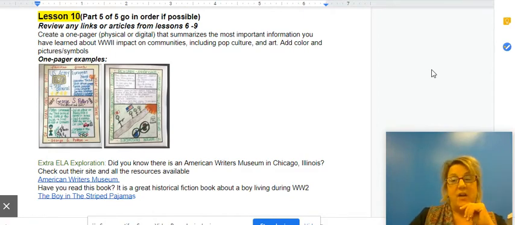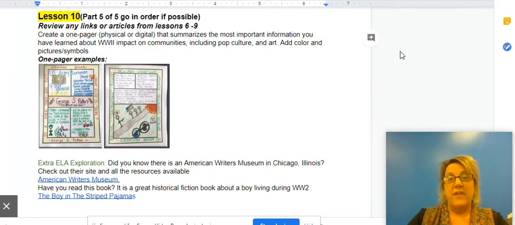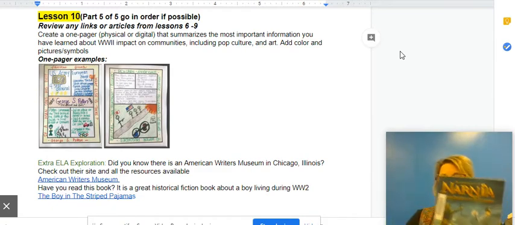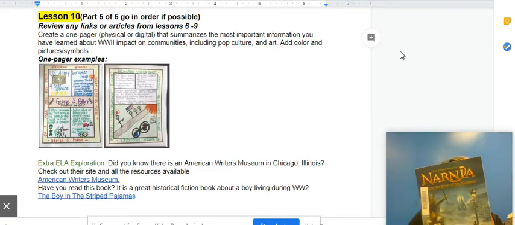On the lesson itself, you will find some examples of one-pagers to look at. One more thing I want to remind you about: if you don't know about these two books, they are books that you can check out. The links for them are also on these lessons. One of them is The Chronicles of Narnia, The Lion, the Witch, and the Wardrobe.